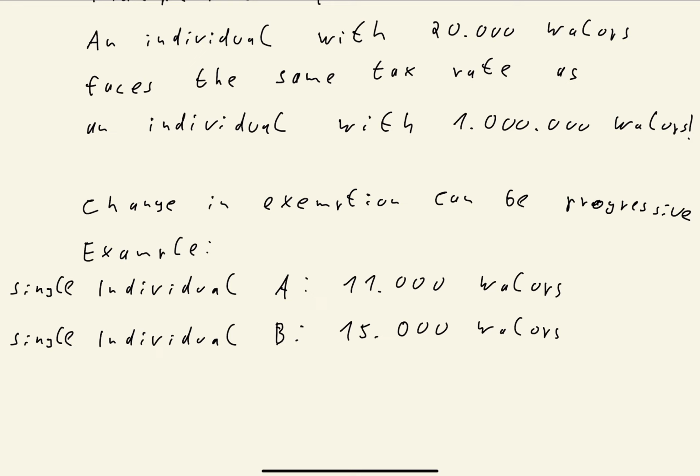And what we can do now is calculate the average tax rate under the new system, so the tax schedule that I showed you for sub-exercises B and C, and then compare it with this new tax schedule, where we have a flat tax rate and a higher exemption.